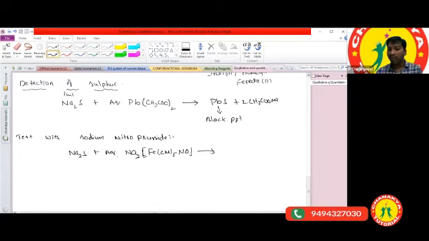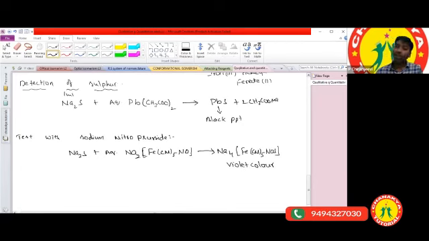The molecular formula of the violet complex is Na4[Fe(CN)5NOS]. If you get a violet color, that indicates the presence of sulfur.